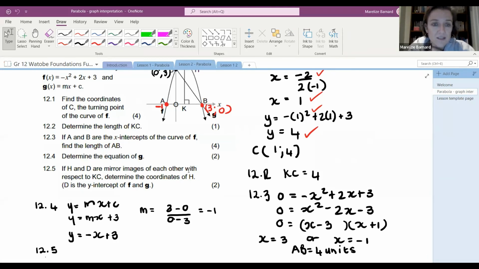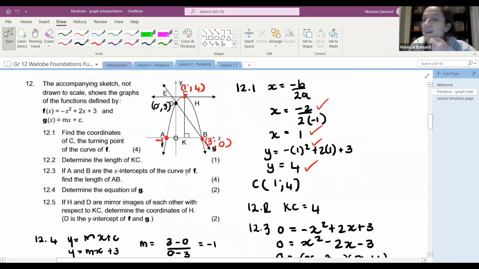Determine the coordinates of H. D is the y-intercept of F and G. So there we also have that confirmation, Zamokukhle, about the y-intercepts being the same. If this is my axis of symmetry going through here, then we can follow that same logic that we did in the previous question to find the coordinates of H.